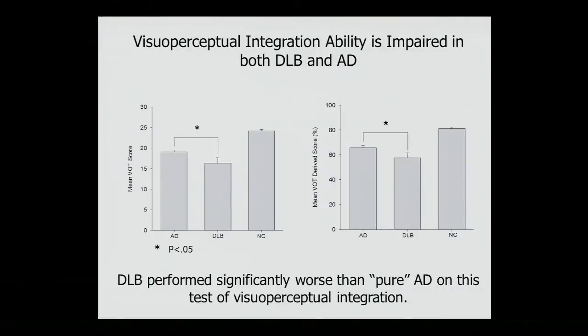So we presented the test, and here are our findings. Compared to normal control subjects, both dementia with Lewy bodies and Alzheimer's disease patients were impaired, so they had difficulty on this task. The dementia with Lewy body patients were slightly but significantly worse than patients with Alzheimer's disease. The same pattern held if we corrected for the inability to name objects. So definitely these dementias cause a difficulty in integrating components into a single visual object.